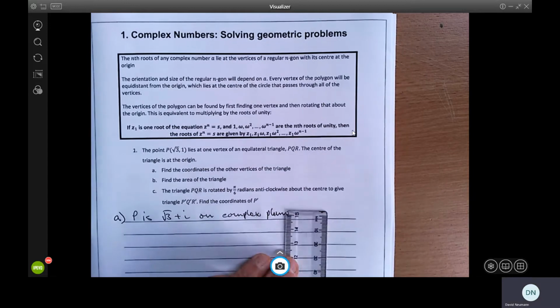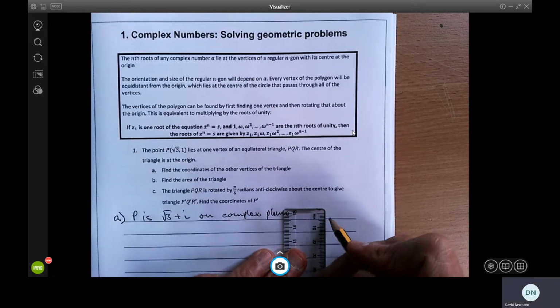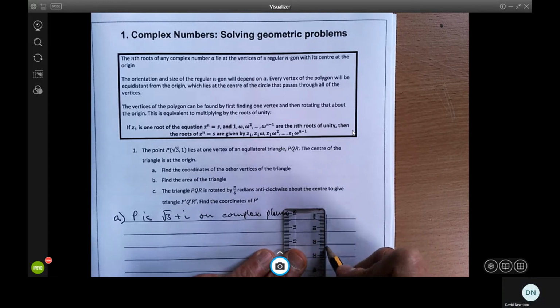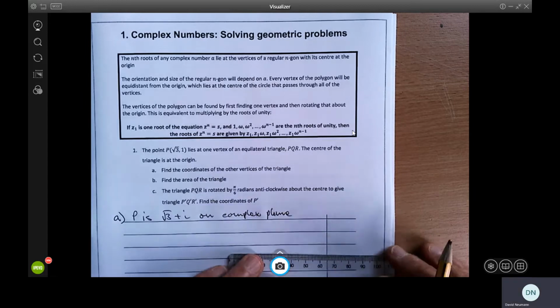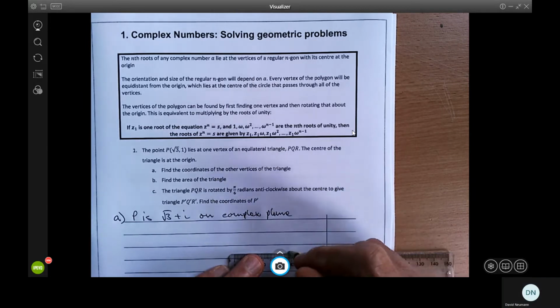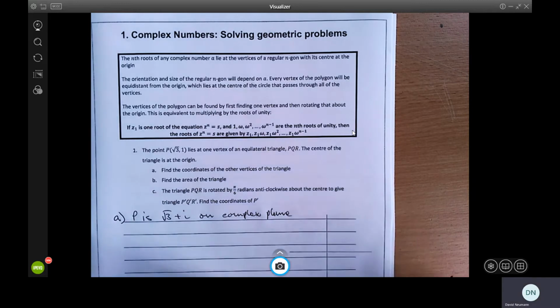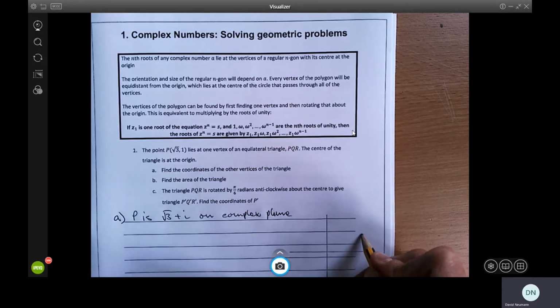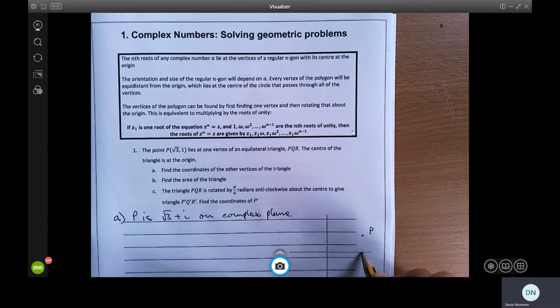And if we just sketch that very quickly, like this, we're going to have root 3 plus i there. So there's our P. Here's root 3 on the real axis.